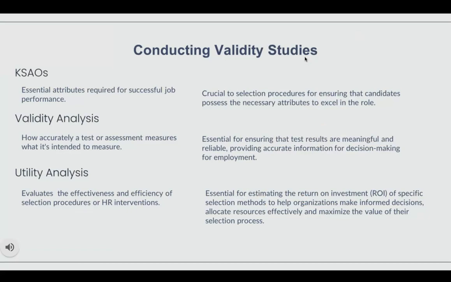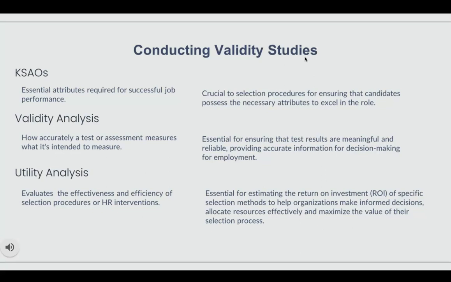KSAOs are essential attributes required for successful job performance. Knowledge refers to the information required to perform tasks effectively. Skills denote the practical abilities or proficiencies needed to execute tasks. Abilities encompass innate or acquired traits that enable individuals to perform tasks proficiently.